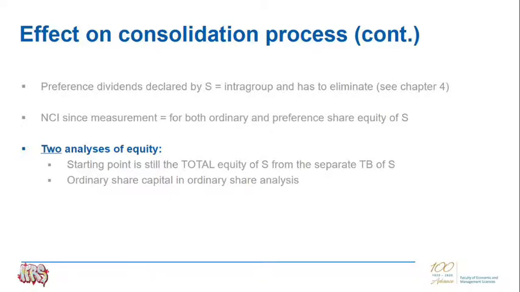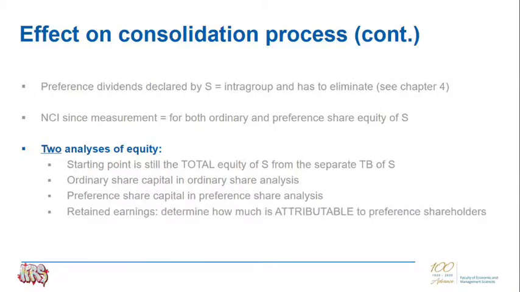That is only attributable to the ordinary share equity participants. There is now new equity, which is the preference share capital of S. That will be included only in the preference share analysis because it's only attributable to the preference share equity participants.